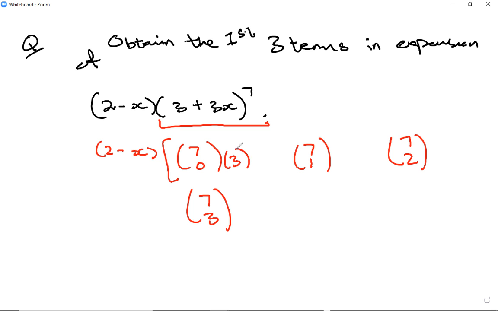This is going to be 3 to the power of 7 and 3x to the power of 0, plus, we just keep putting 3 and 3x. We just change the powers. Maybe that's a nice way of remembering. Take the first term and the second term.